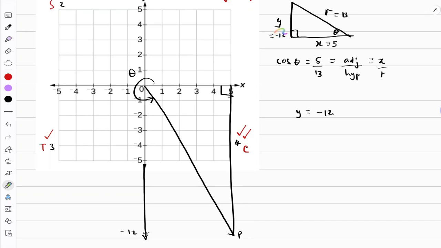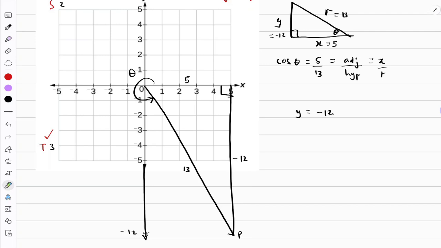So now we can transpose these values onto our triangle, r, x, and y. So our y value is minus 12, our x value is positive 5, and our hypotenuse is 13.